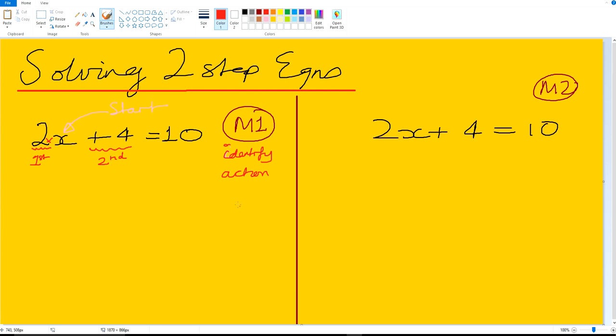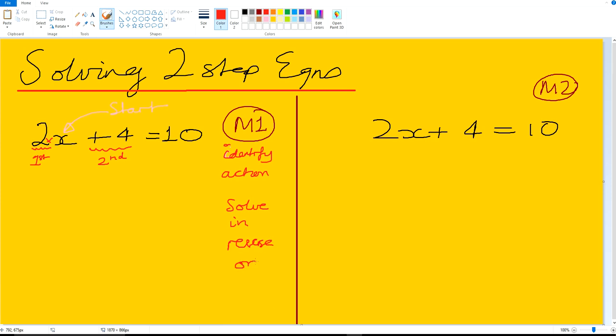Now, when we solve our equation, we always solve in reverse order. What do we mean by that?